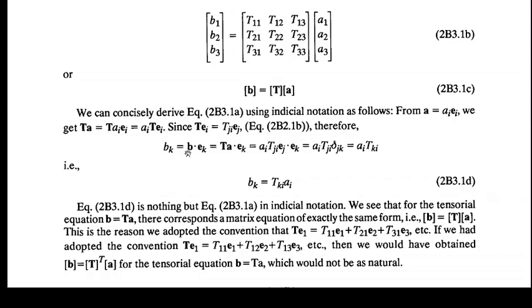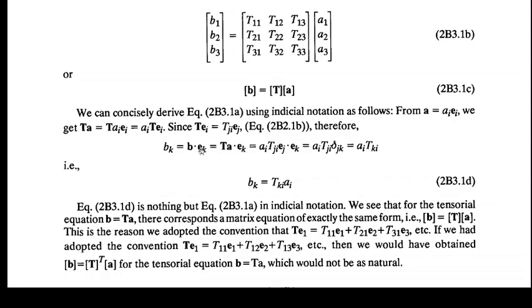Now any kth component of vector B will be equal to Bk equals B dot ek, as I have said. V dot ei equals Vi, any ith component of V. Here we are using k instead of i because we have already used i here. So Bk equals B dot ek.